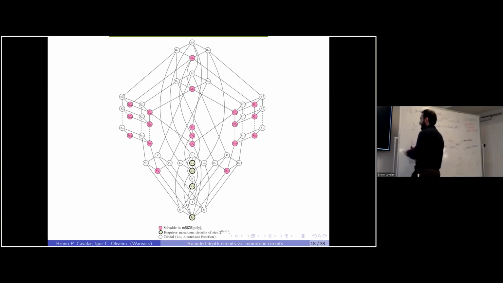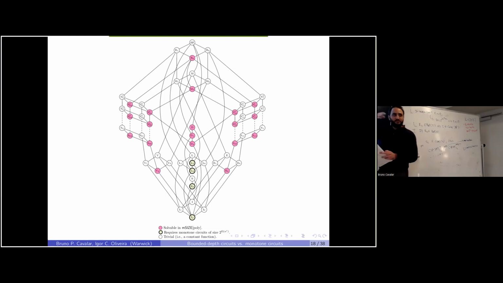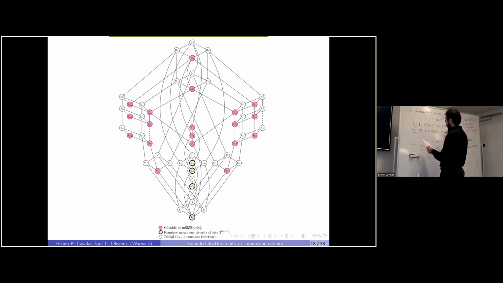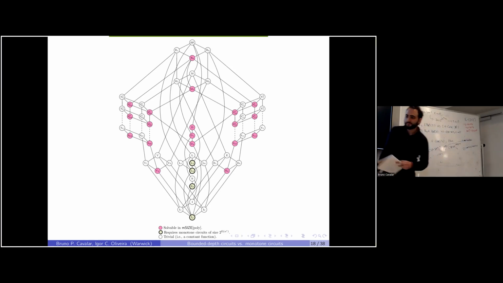So the theorem I'm going to show is really the upper bound, at least for the right hand part. If E2 is in the polymorphisms of S, as we were discussing before, these are the set of possible polymorphisms, then CSP of S is in monotone size poly. So I'm just saying if the set of polymorphisms contains E2, then it is in monotone size poly.